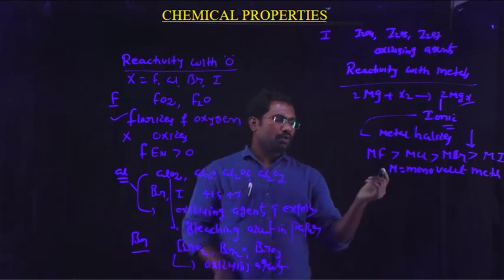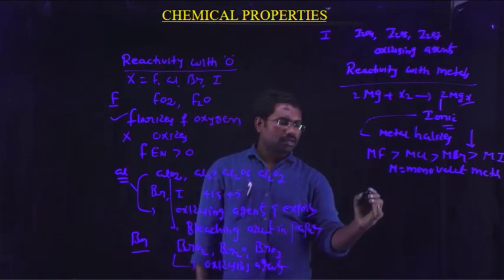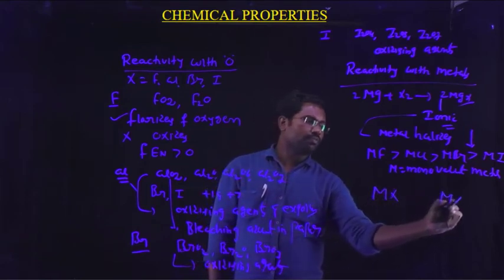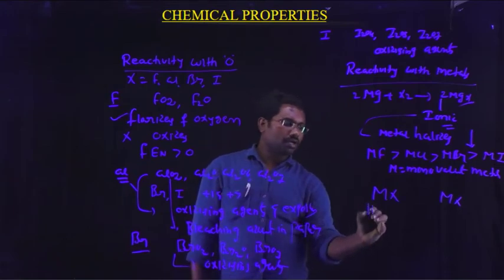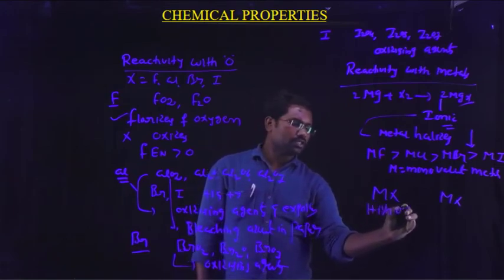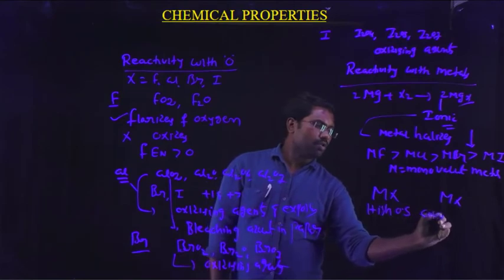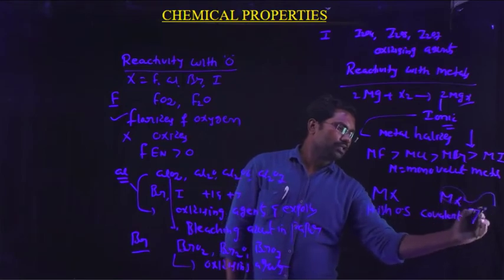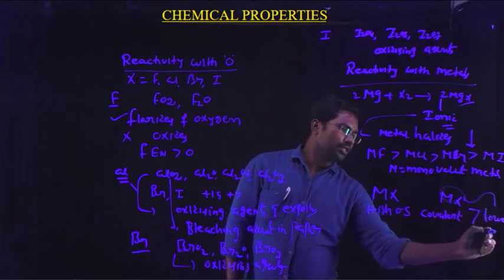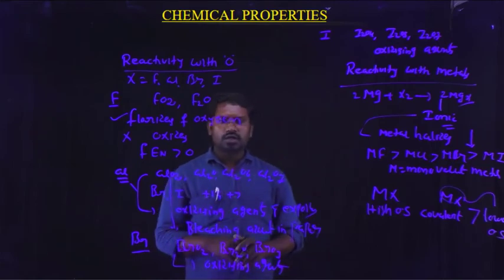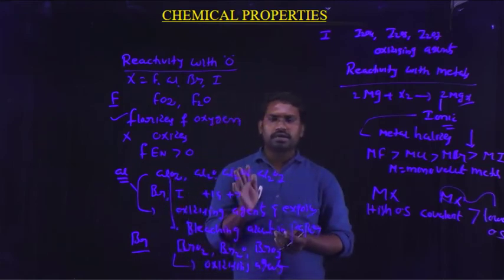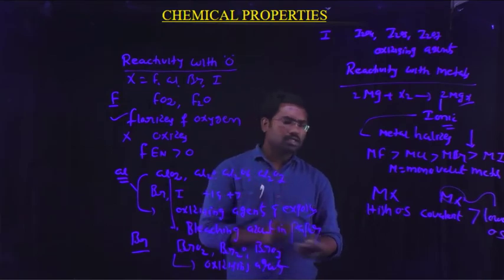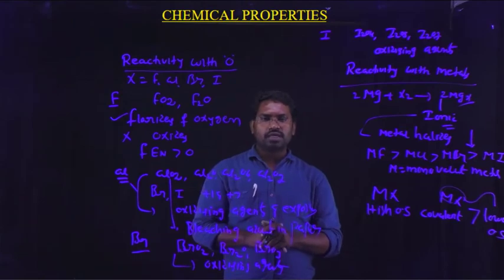And next, if you take any metal halide, for example the MX form, the metal halide which has the higher oxidation state has more covalent nature than the metal halide with the lower oxidation state.